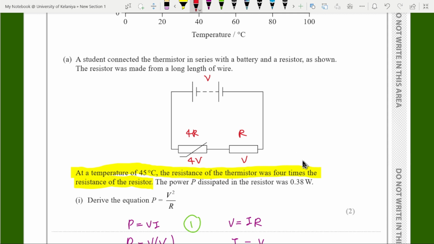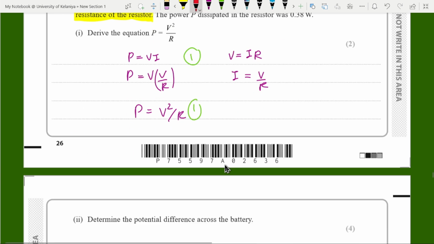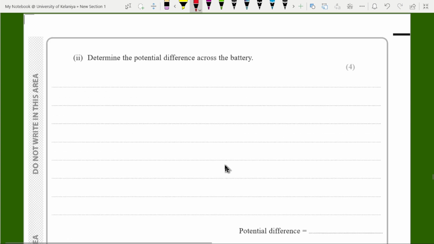Now I'm going to calculate the potential difference. For that I have to find the resistance of the thermistor at 45 degrees Celsius. Here it is 50, and 35 is somewhere between here, and that is here. So it is nearly 35 ohm resistance. Okay, now I'm going to do my calculation.